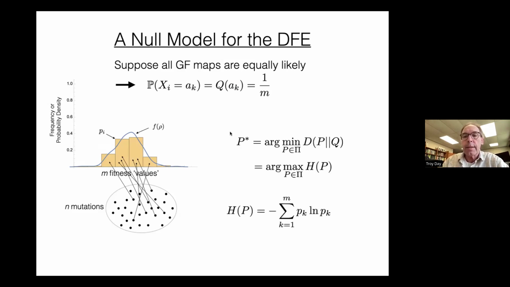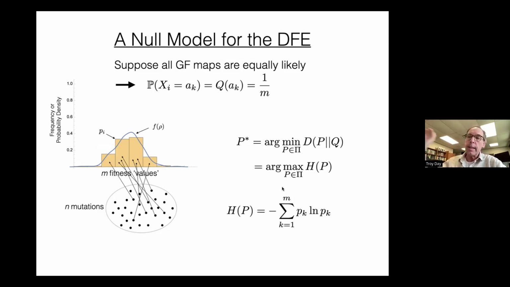In that case, this limiting distribution P star, which is the one that minimizes this KL distance quantity, unsurprisingly, if you know this area, simplifies to the distribution that maximizes the information entropy within that subset. So this is a maximum entropy result in information theory.